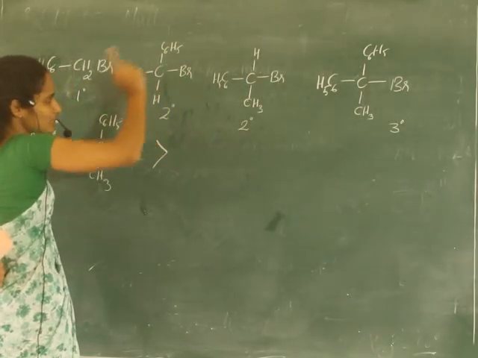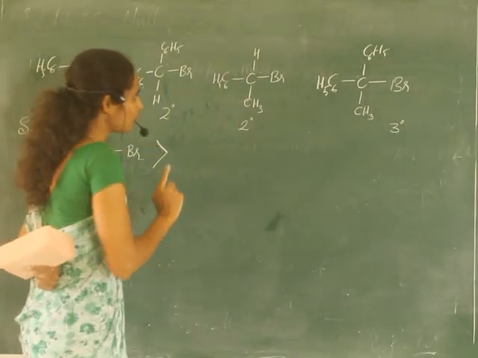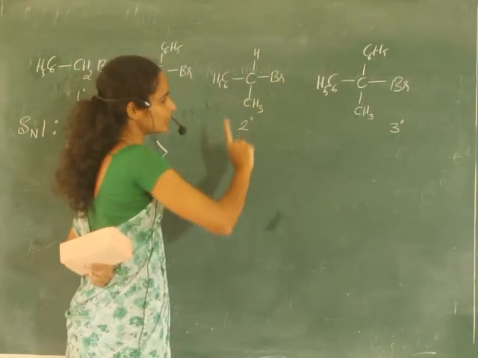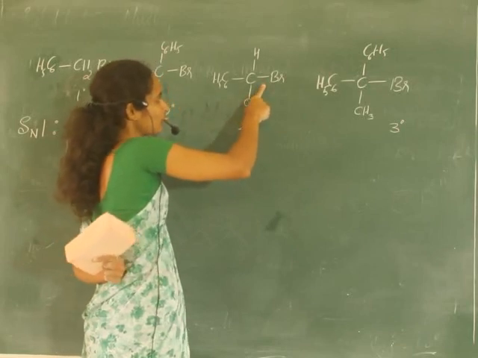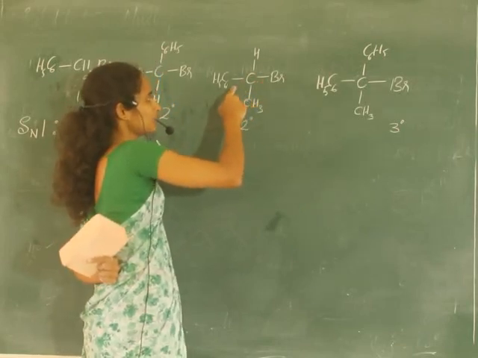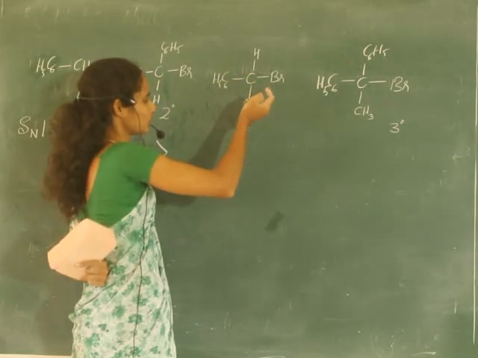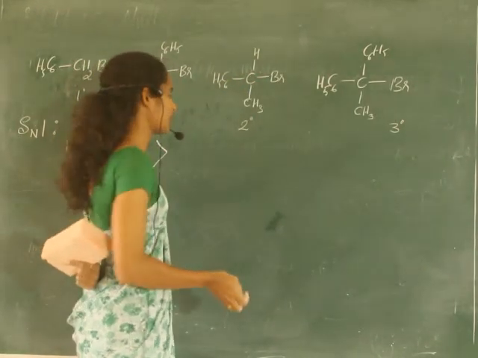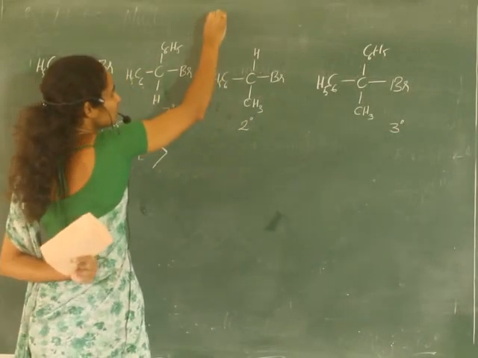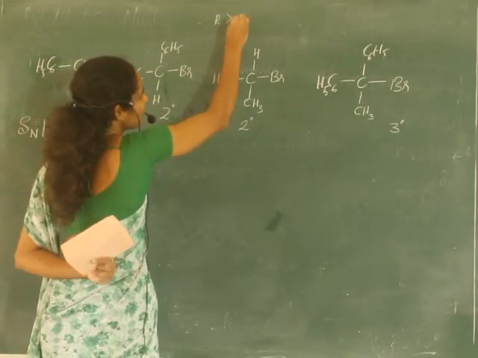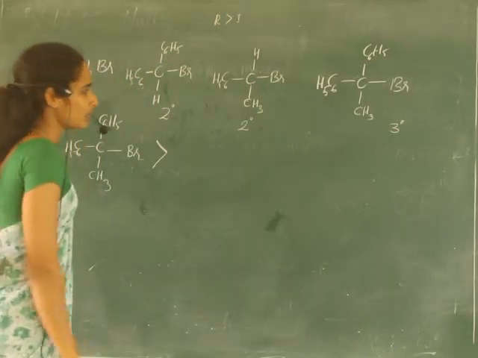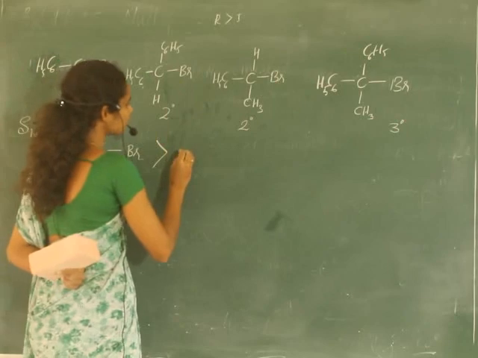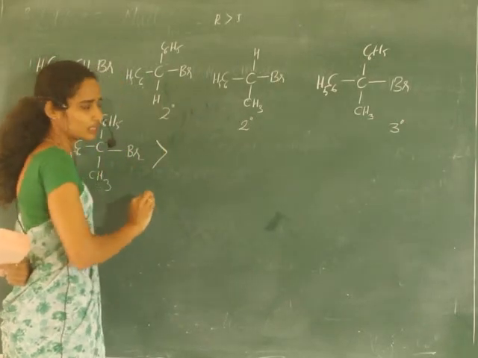But here, in the first step, carbocation formation, that carbocation formed will stabilize by resonance and by positive inductive effect. As we know, resonance effect is greater compared to inductive effect, right? Hence, this compound will undergo SN1 reaction at a faster rate.